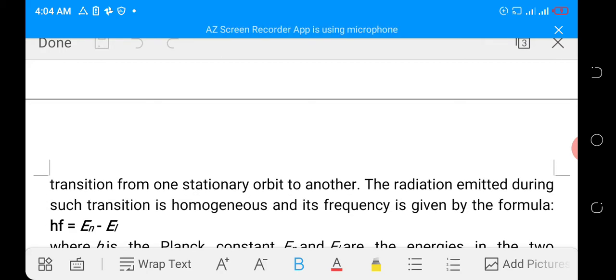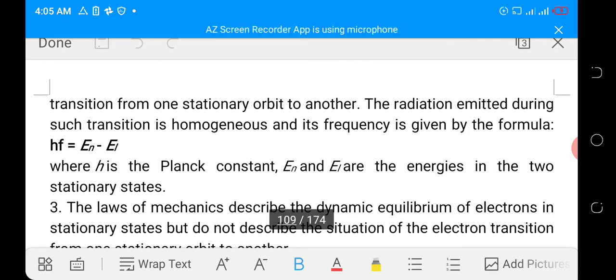The radiation emitted during such transition is homogeneous and its frequency is given by the formula hf = En - Ei, where h is the Planck constant. En and Ei are the energies in the two stationary states.